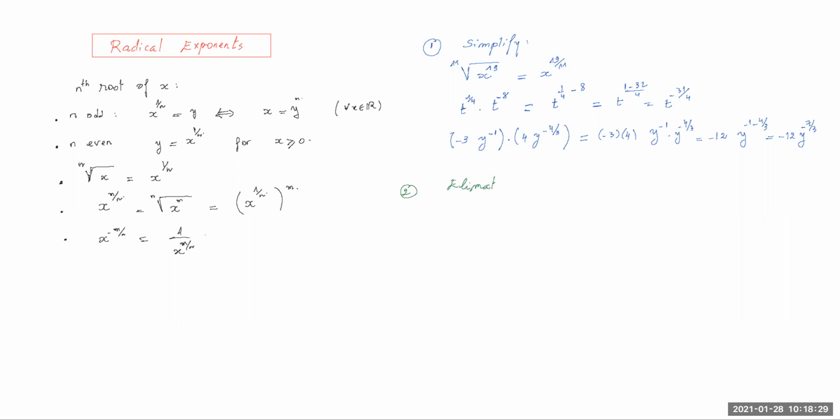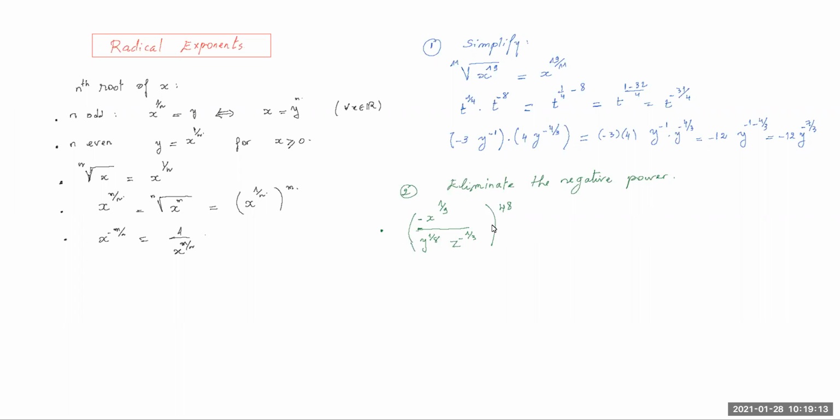Here I'm given (-x^(1/9) y^(1/8) z^(-1/3)) to the power of 48.